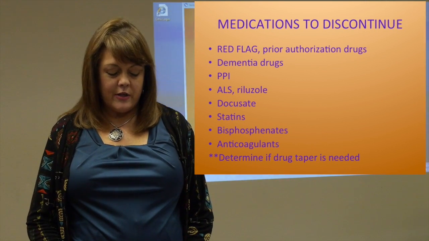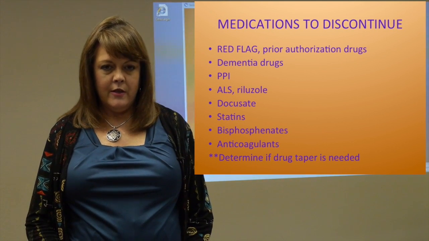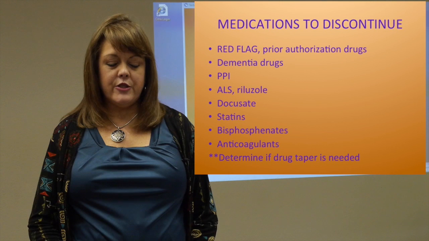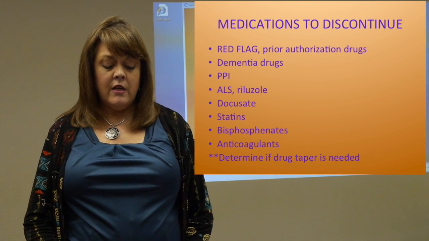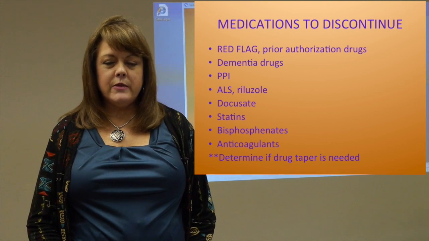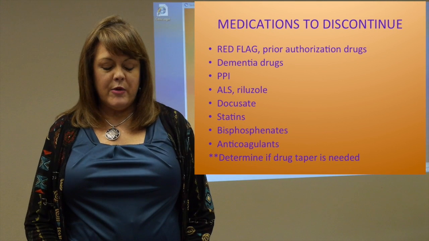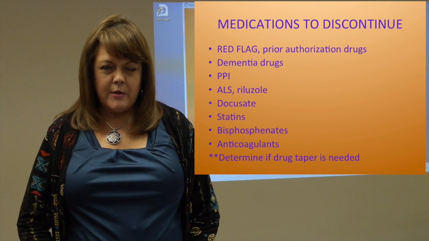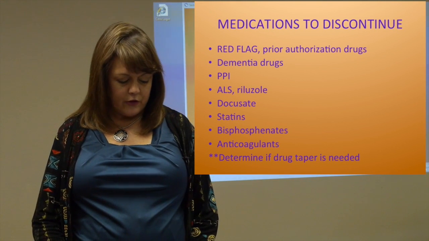The statin drugs. These are a hard one to pry away from patients. They've been told by their cardiologist that if they don't continue taking these, their arteries are going to clog up and they'll either have a massive heart attack or a stroke. But by the time they get to us, the time to benefit is too long for it to be of any beneficial use.